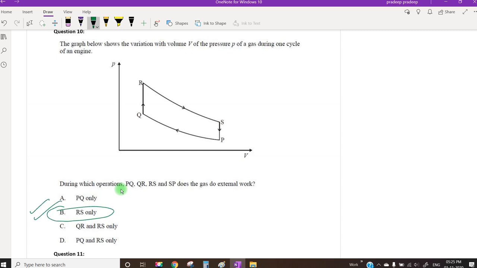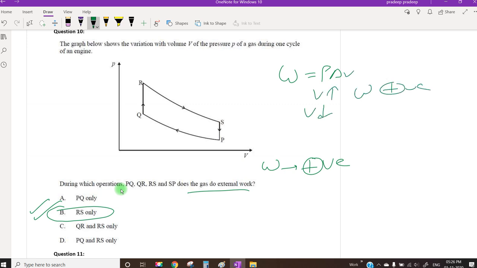See, let's see what the question is asking. During which operations does the gas do external work? This means the gas is doing work, and we already know the sign convention. When the gas does work, the work is positive. So all you need to check is in which of the processes the sign of the work is positive. The formula for work is P delta V. Whenever the volume increases, work done is positive.